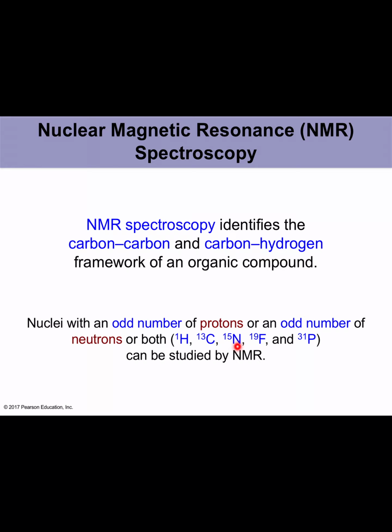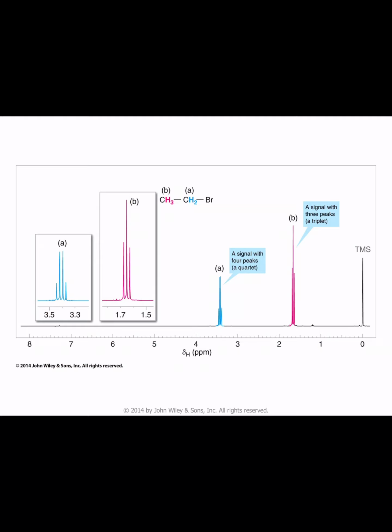Nitrogen also has an odd number of protons and neutrons. And fluorine 19 also has an odd number of protons. And phosphorus 31 also has an odd number of protons. So all of these are capable of producing an NMR spectrum. Okay, but we are mainly going to be concerned with proton NMR spectroscopy and briefly with carbon spectroscopy.